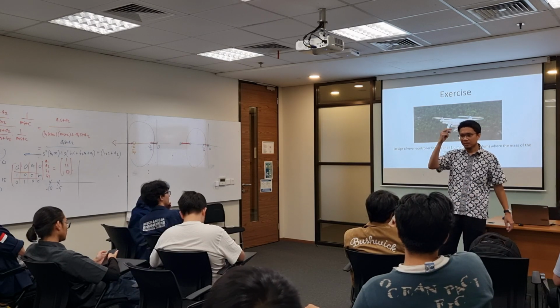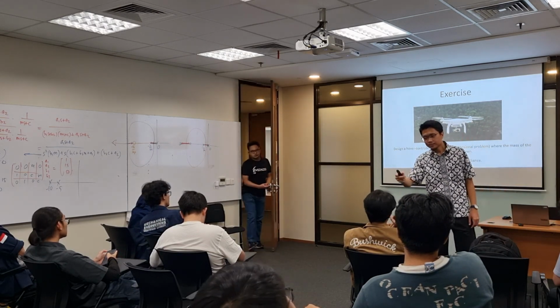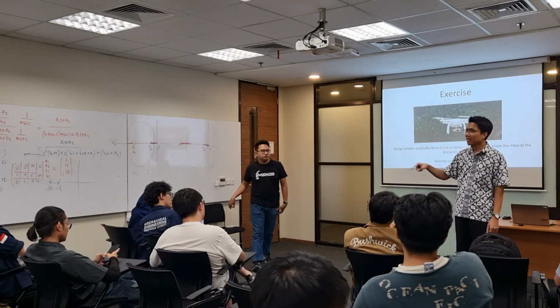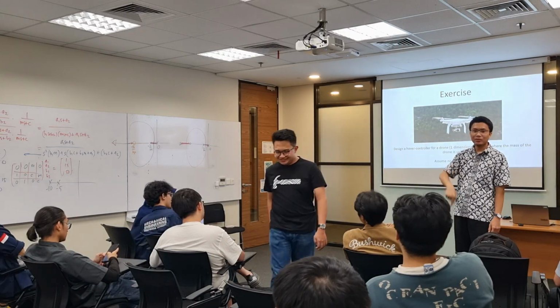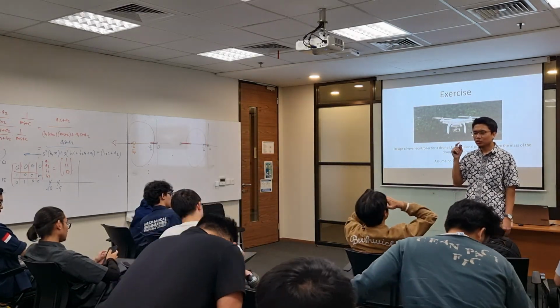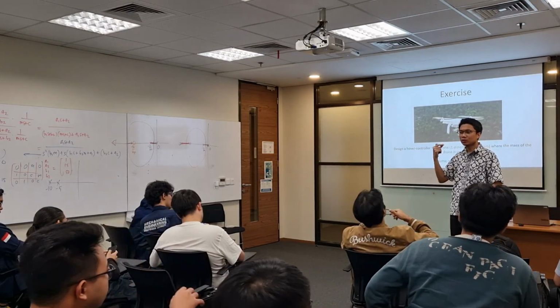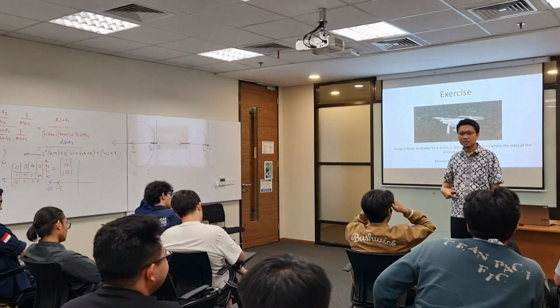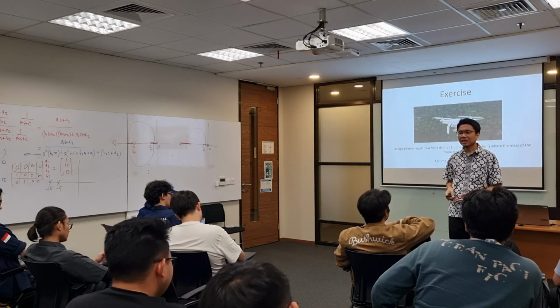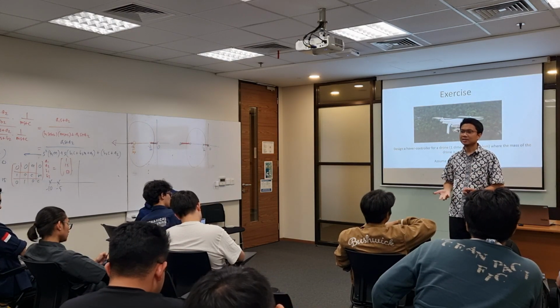It's like when you go to the B1 canteen, not this B1, level B1 canteen. When you go there, you need to set already what you want to eat, right? Today for my lunch, I want to have fried rice, let's say.